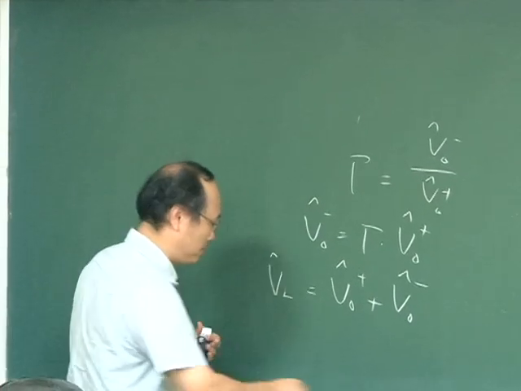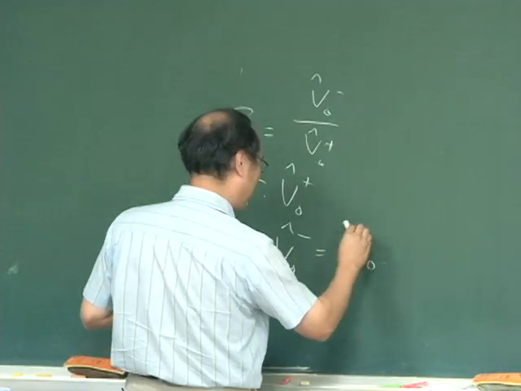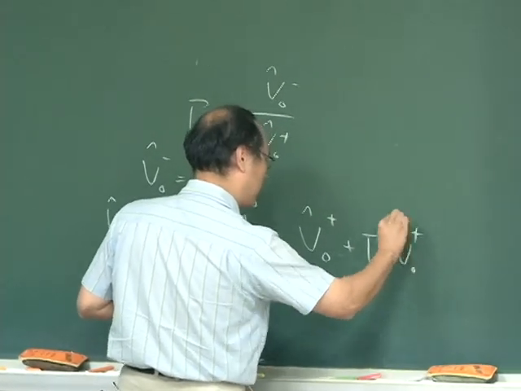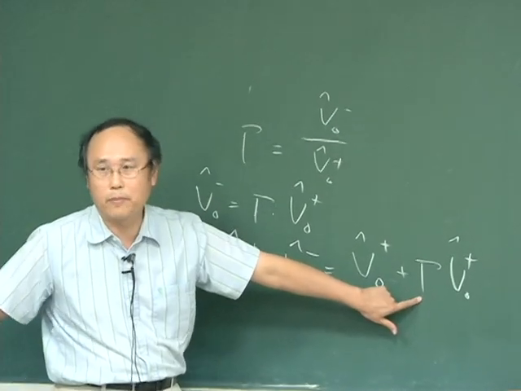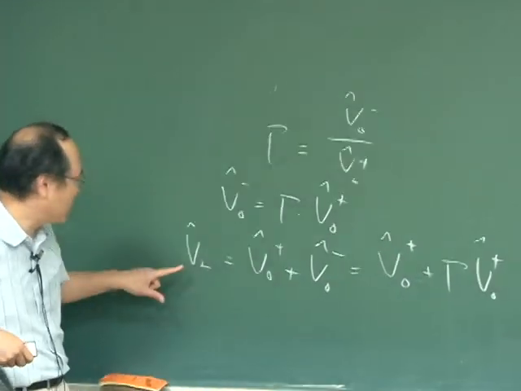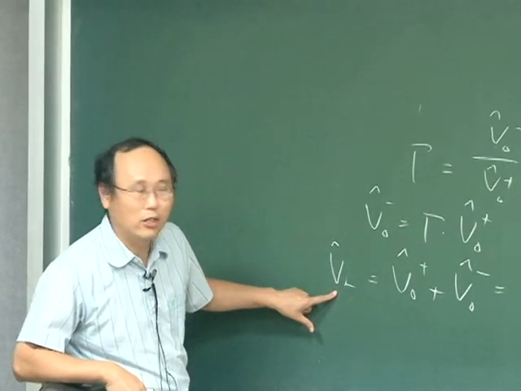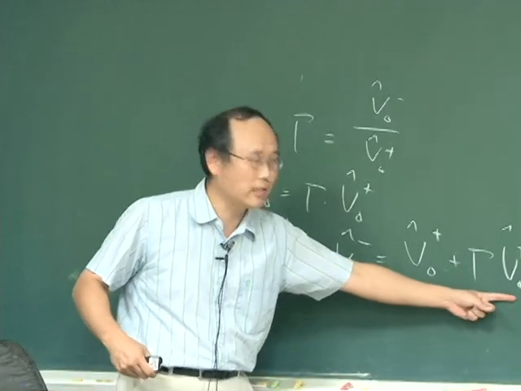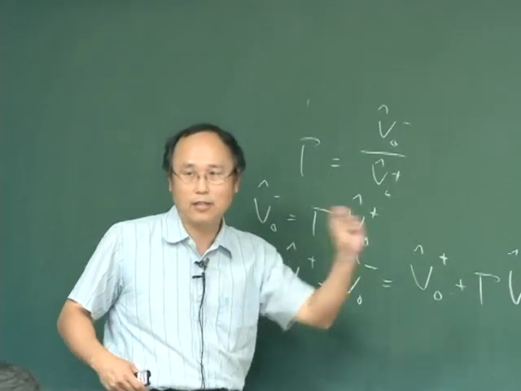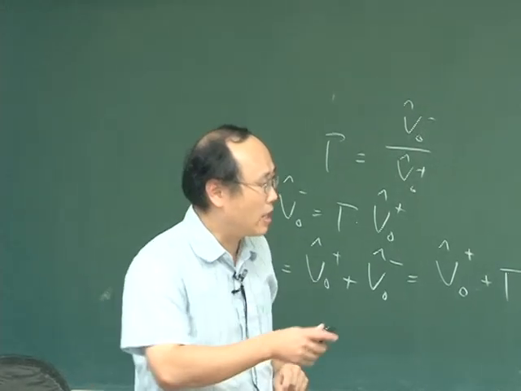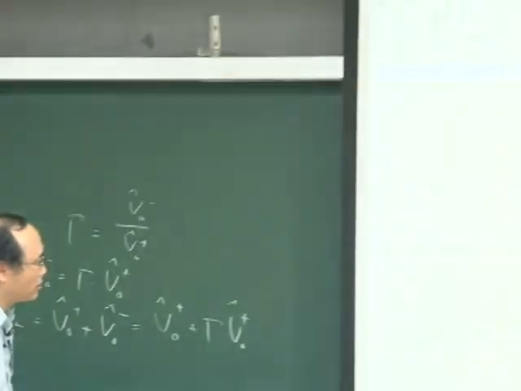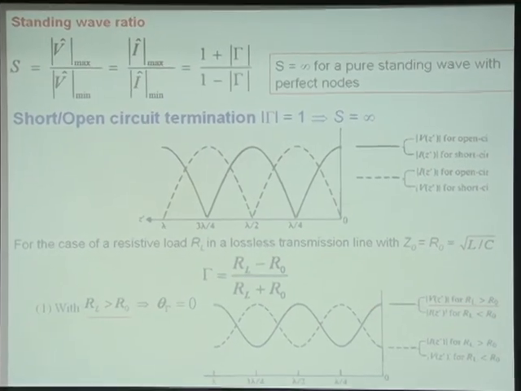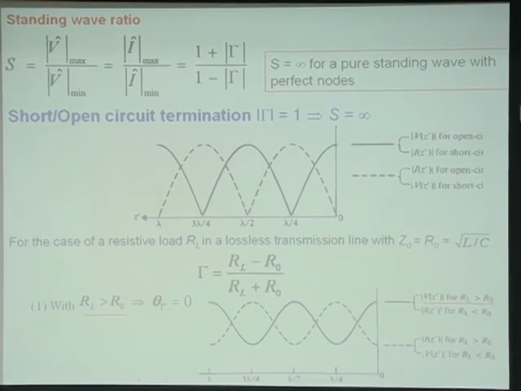So this is equal to V naught plus gamma V naught plus. So if this gamma is a positive value, then it means that the total voltage on the load is going to be the sum of these two. OK，也就是反射的讯号呢，加上去你打进去的这个讯号。So in the end, if you sum them together, you are going to find that this point of the value is going to be the maximum, because the two terms add together.